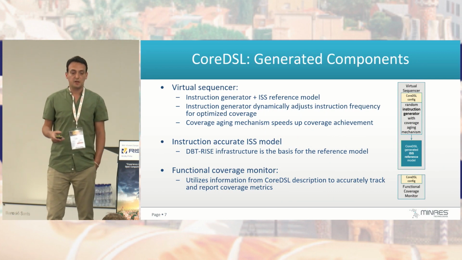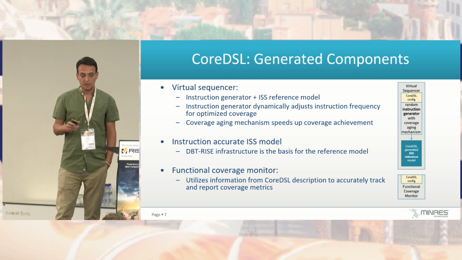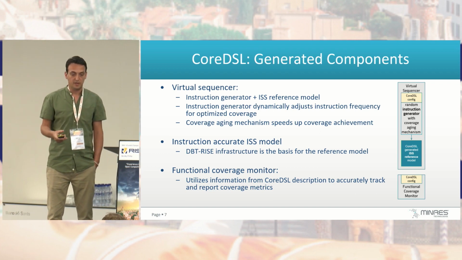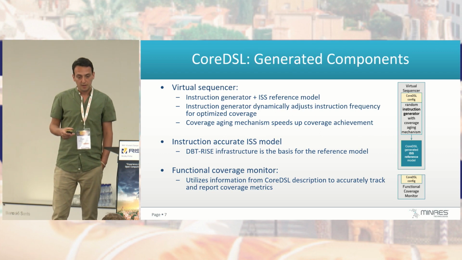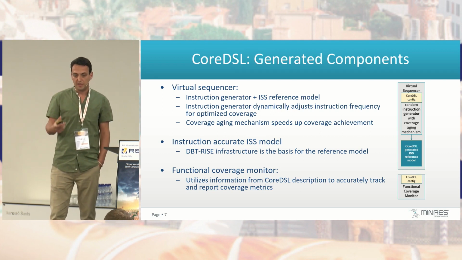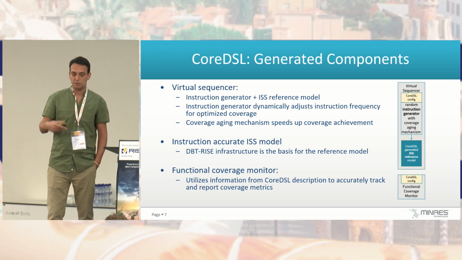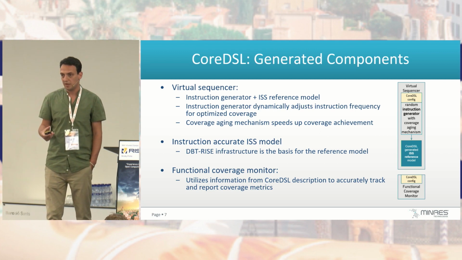So the test starts in a virtual sequencer, which basically consists of the instruction generator and the ISS reference model. The instruction generator is a generic module, but it has access to the information generated from this CoreDSL description.